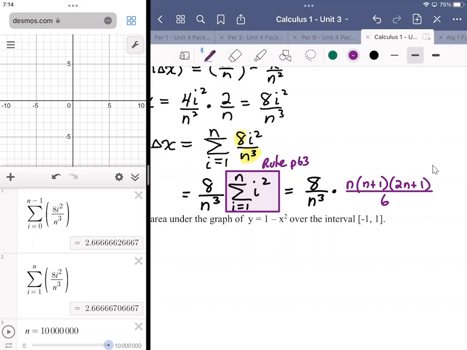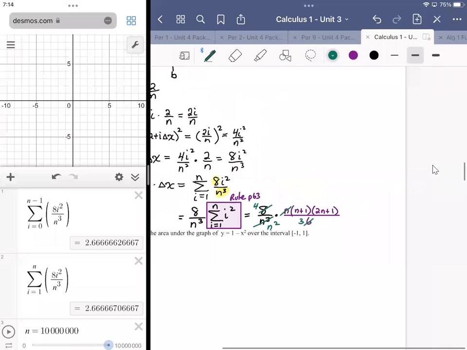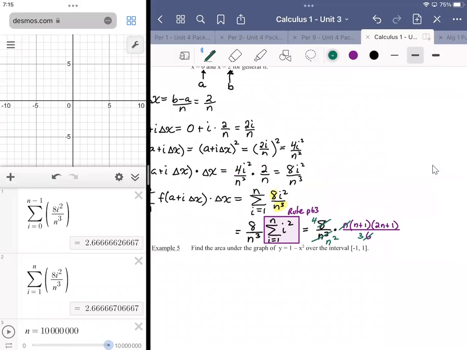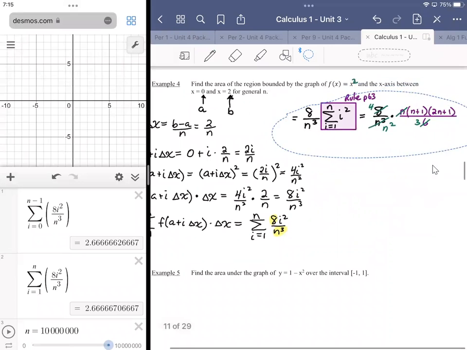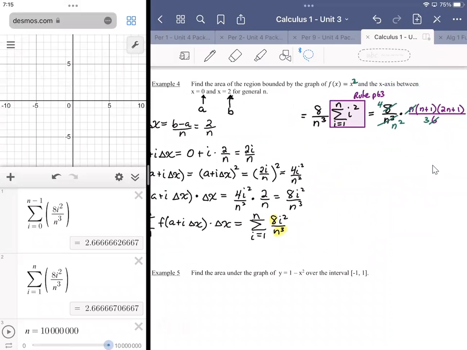I mean, not a whole heck of a lot, but enough to be able to do some work with it. 6 goes into 8, well, not evenly, but they're both divisible by 2. So 4/3. n goes into n cubed n squared times. So I'm going to just slide this up to the top here and carry it out from there.